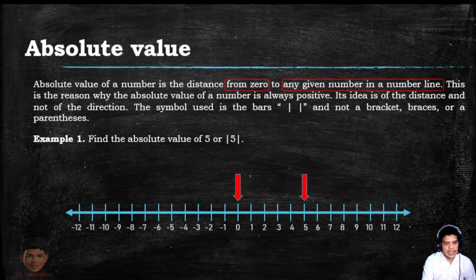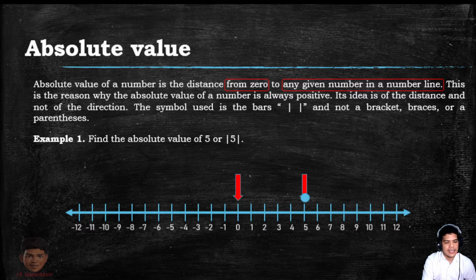It says there, it's the distance from the 0. So, you will just count, actually. From that, count 1, 2, 3, 4, and 5. So, meaning, the distance from 0 to 5 is 5.